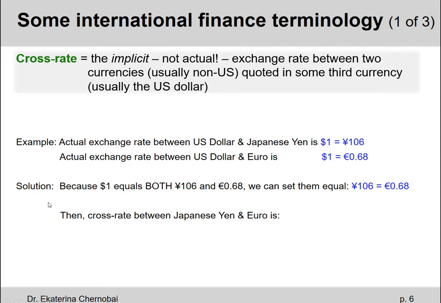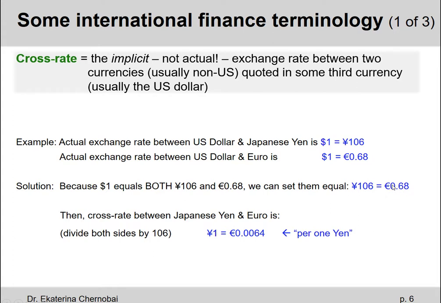And then we want to calculate the cross rate between the yen and the euro. So we can divide both sides of 106 equals 0.68 by 106. What do we get? 106 yen divided by 106 gives us 1 yen.